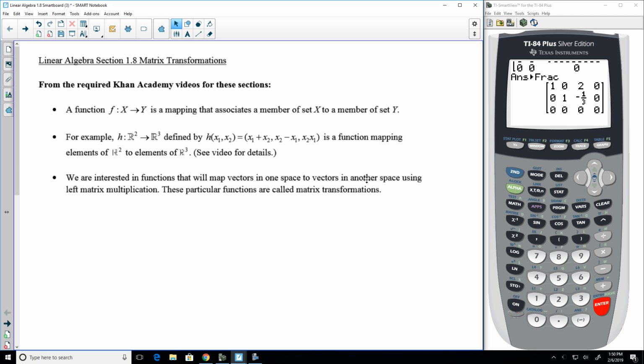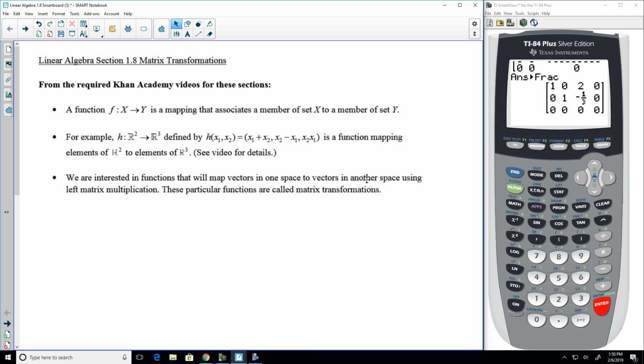So the codomain is where the range is, but the codomain might be something bigger. So we say function f is a mapping that associates a member from the set X to a member of the set Y. You plug in something in the set X, and the function changes it and turns it into something in the set Y.